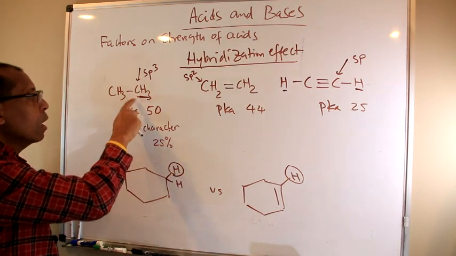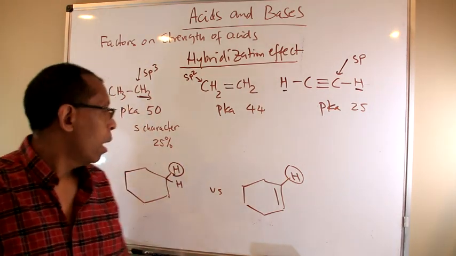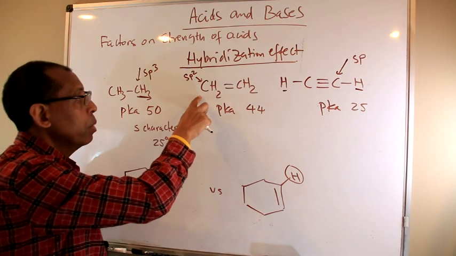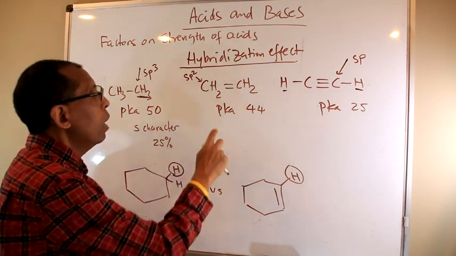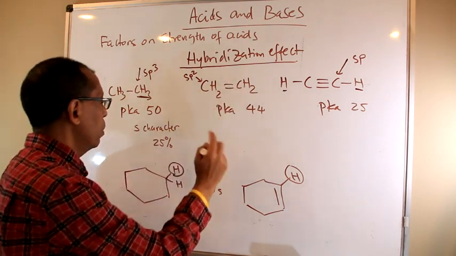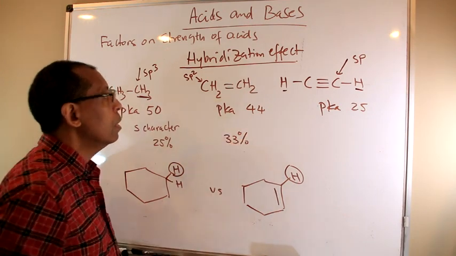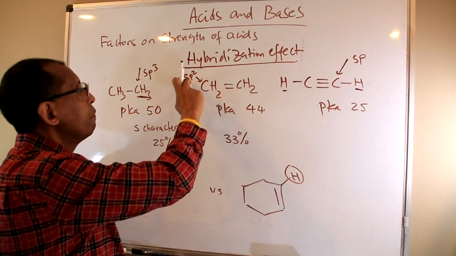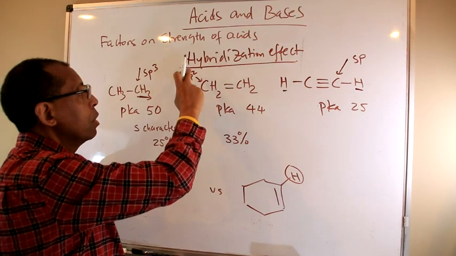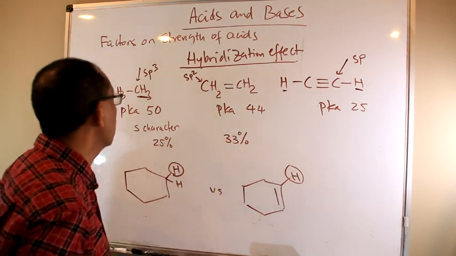So that means that carbon is not as electronegative as this one, because one of these carbons has 33% S character. Because if you just have these three orbitals, 100 divided by 3 is 33%.